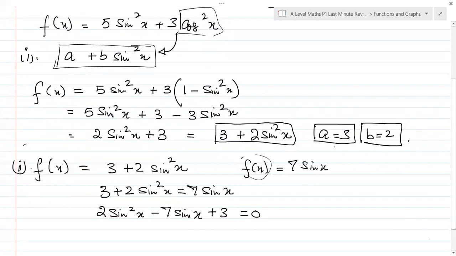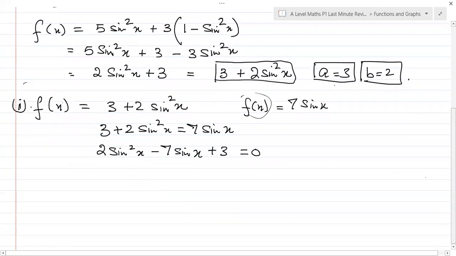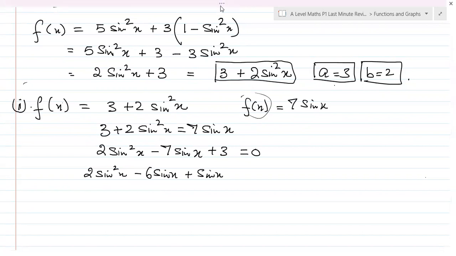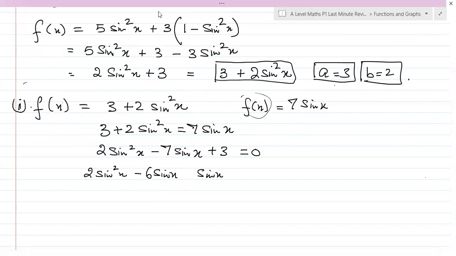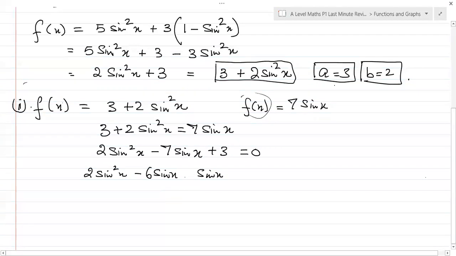Now we need to do a quadratic equation and find the factors by middle term breaking. So that's 2 times 3, that's 6. So we can write this as 2 sine squared x minus 6 sine x minus sine x, and that would not be plus, that would be a minus, because minus will give you minus 7 sine x, and then minus times minus will give you positive 6 sine squared.